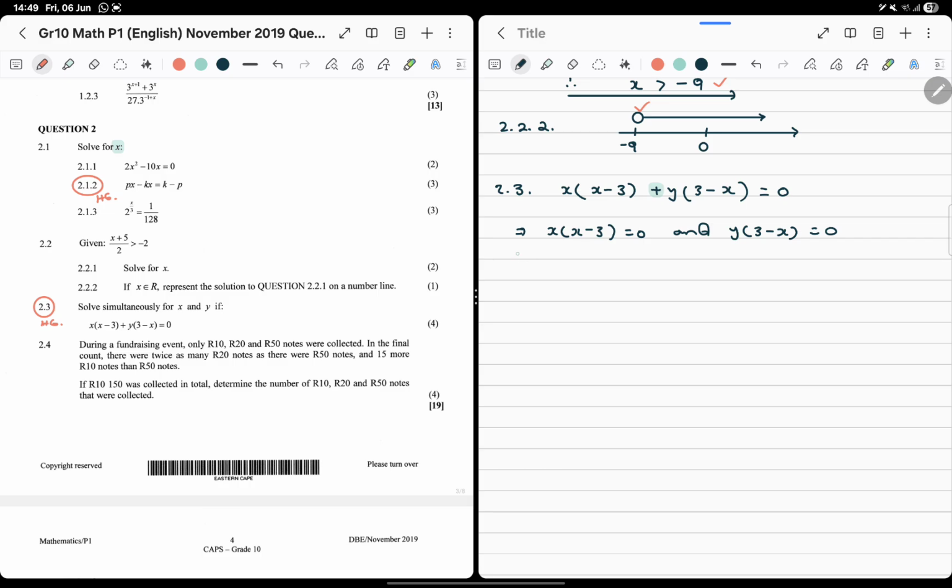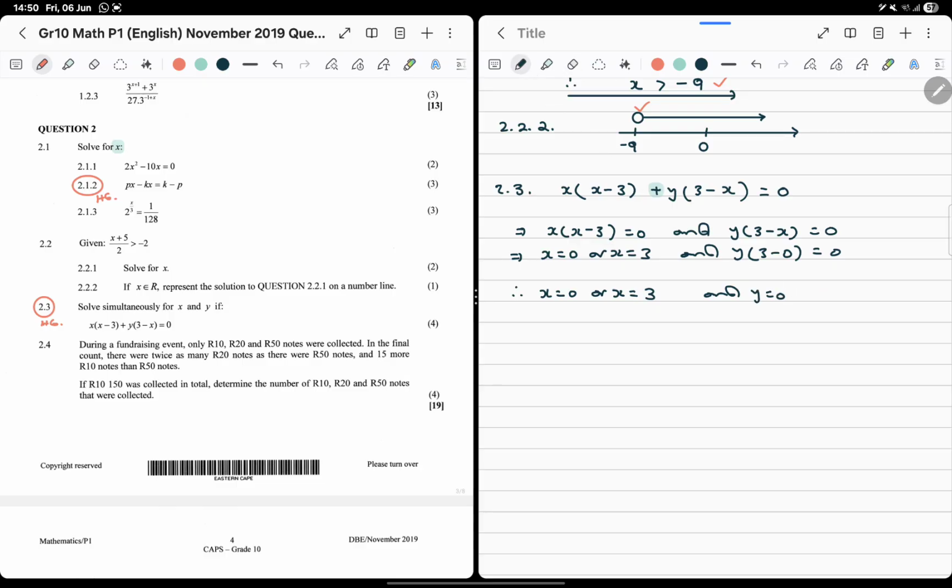Now let's see. This one helps us to be able to solve for x. So we can see this implies that x is 0 or x is 3. Right. And y into 3 minus 0, for example, is going to be equal to 0. And we can say safely, therefore x is 0 or x is 3 and y is equal to 0.